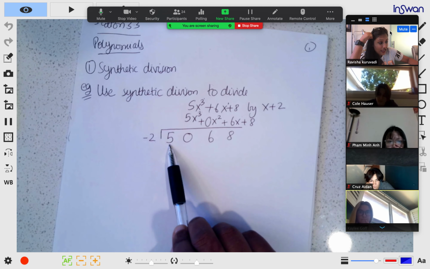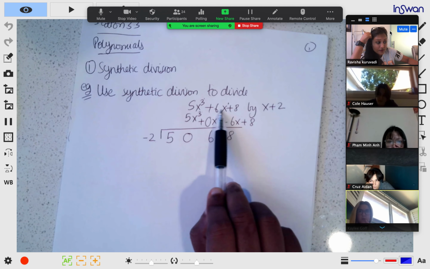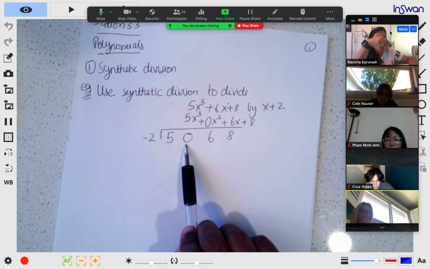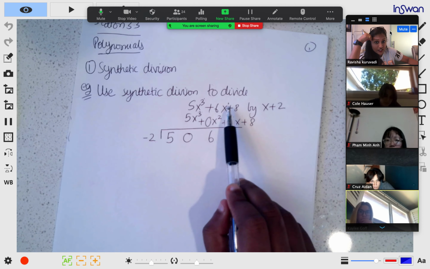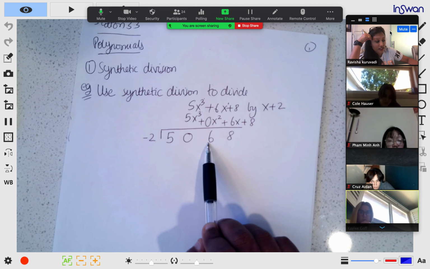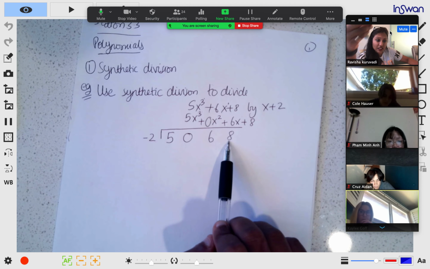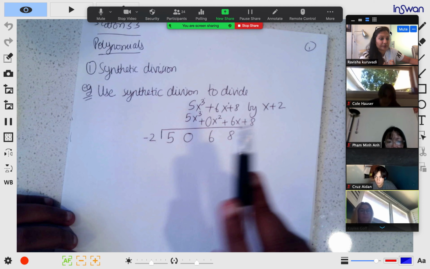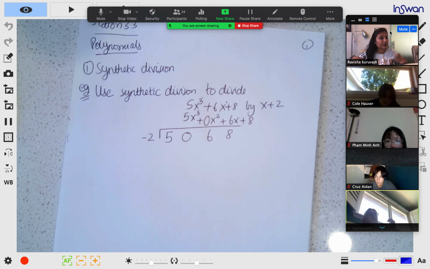But do you see x to the power of 2 anywhere? No. So I'm going to put 0. After 2 comes 1. X to the power of 1 is already here, and its coefficient is 6. So I write here 6. Then is the constant. If something is missing, I replace it with 0. Basically, that's what I'm saying. Any other question, anyone?